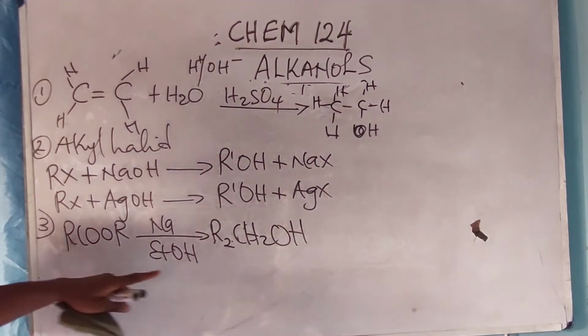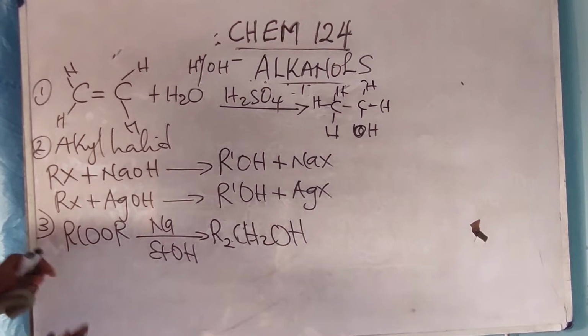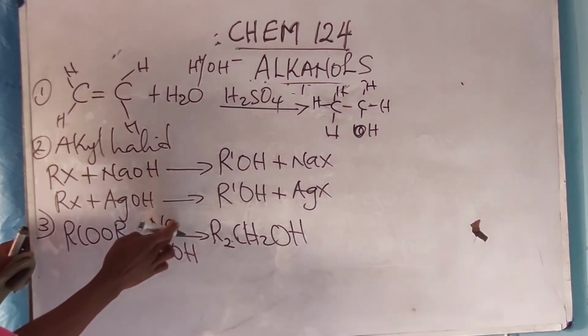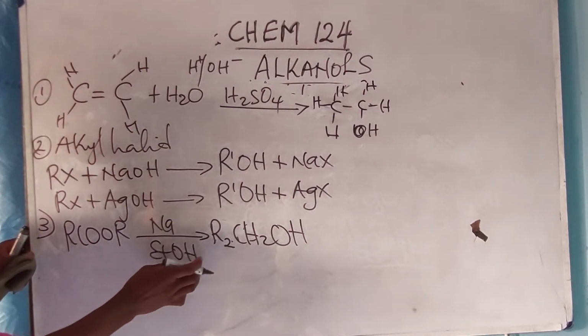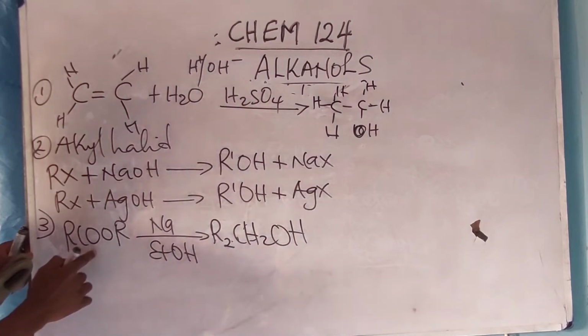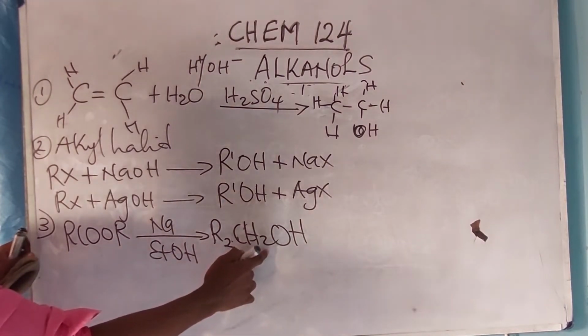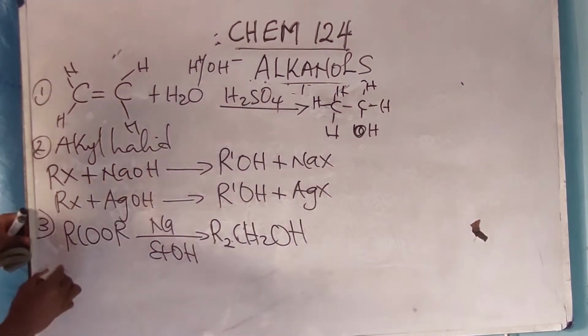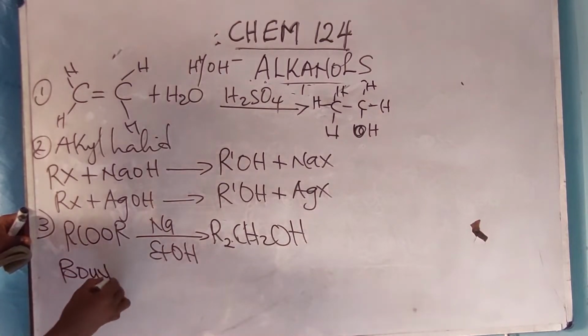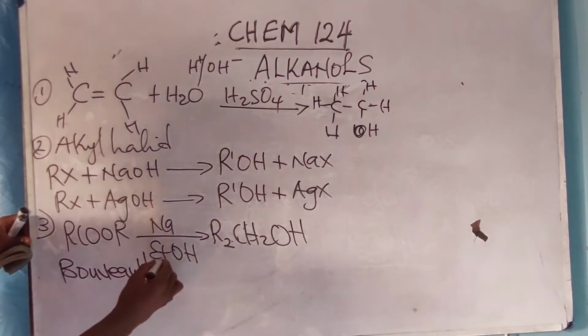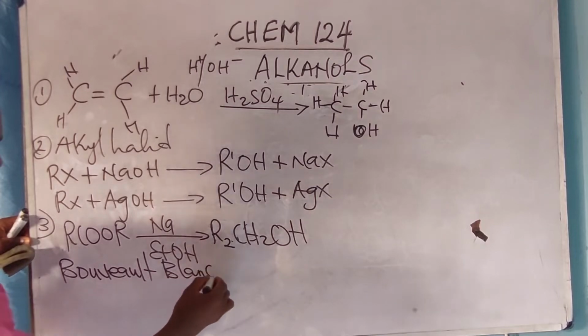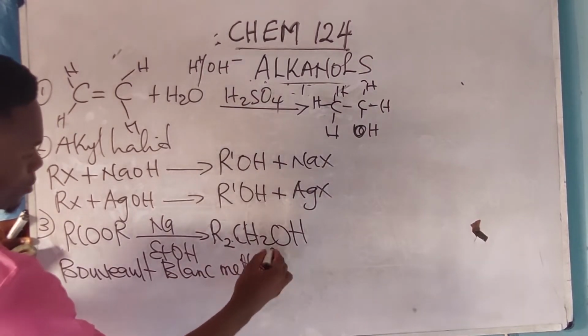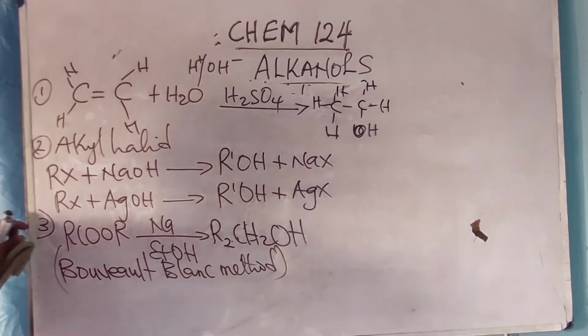Alright, so we have successfully produced what? An alkanol. This reaction, the process by which sodium in alcohol is used to reduce ester to produce an alcohol, is called what? The Bouveault-Blanc method. Alright, so please take note of that.